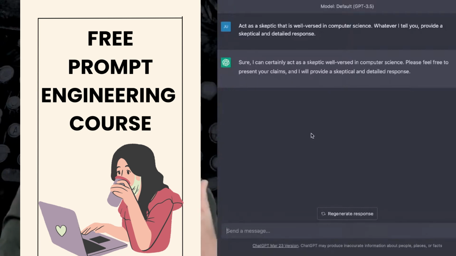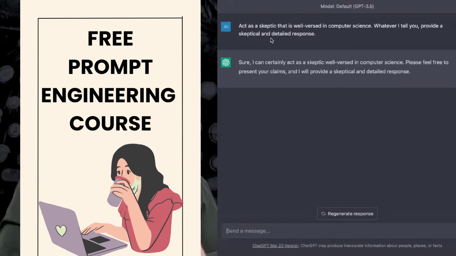Typically with the persona pattern, what you're going to say is act as persona, provide outputs that persona would provide. And in this case, I'm going to word it as act as a skeptic that is well versed in computer science. Whatever I tell you, provide a skeptical and detailed response. And now if I wanted to be a little bit more precise and follow the pattern, I would say provide a skeptical and detailed response that a computer scientist would provide.